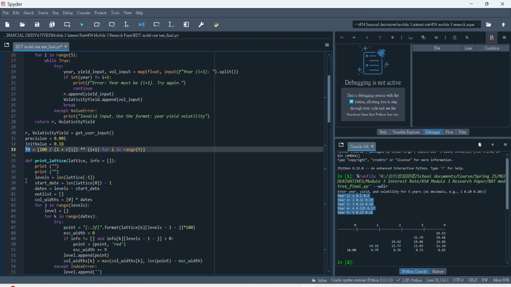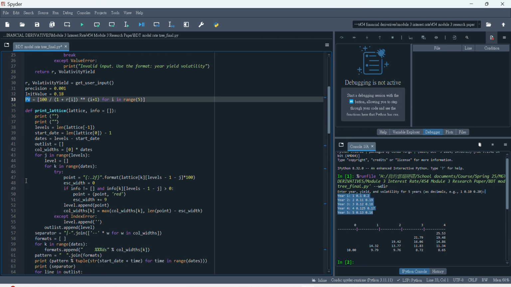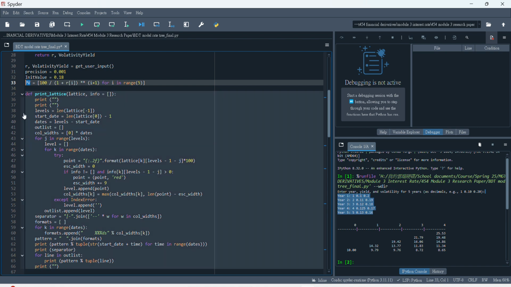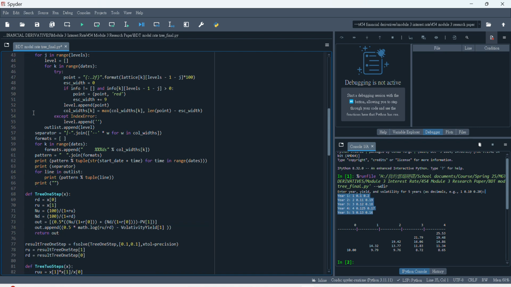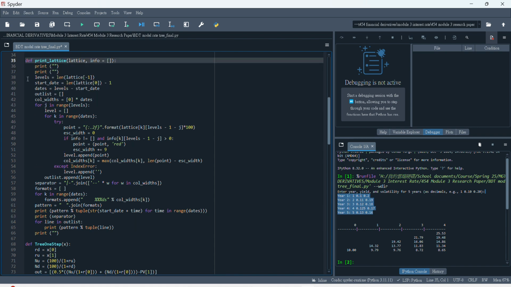Next, we are going to form the tree visualization. Line 35 to 66. Now, let's look at how we visualize our calibrated rate trees. This function takes our calibrated rates and formats them into a readable tree structure. Lines 38 to 42, it calculates the dimension of the tree based on the input. Line 47, formats each rate as a percentage with 2 decimal places.